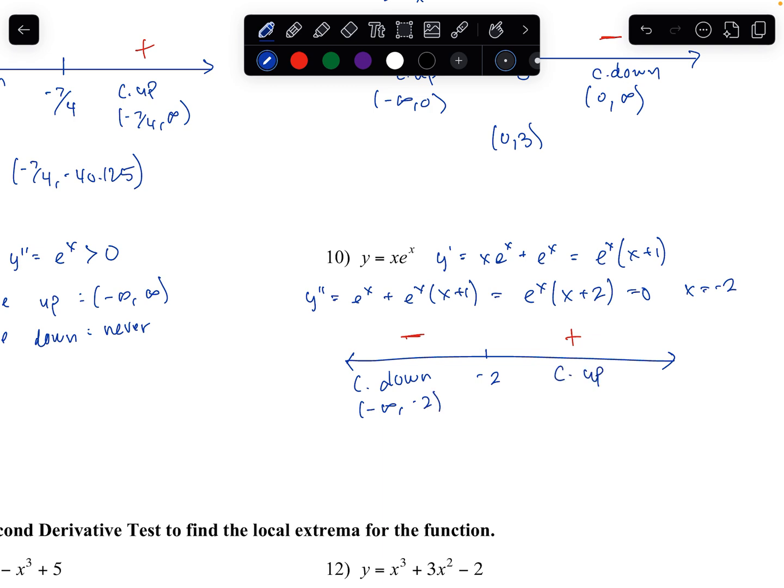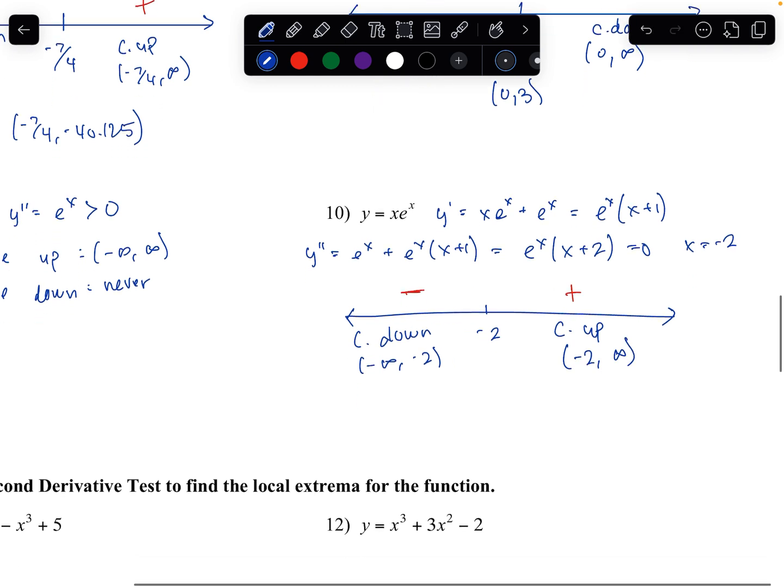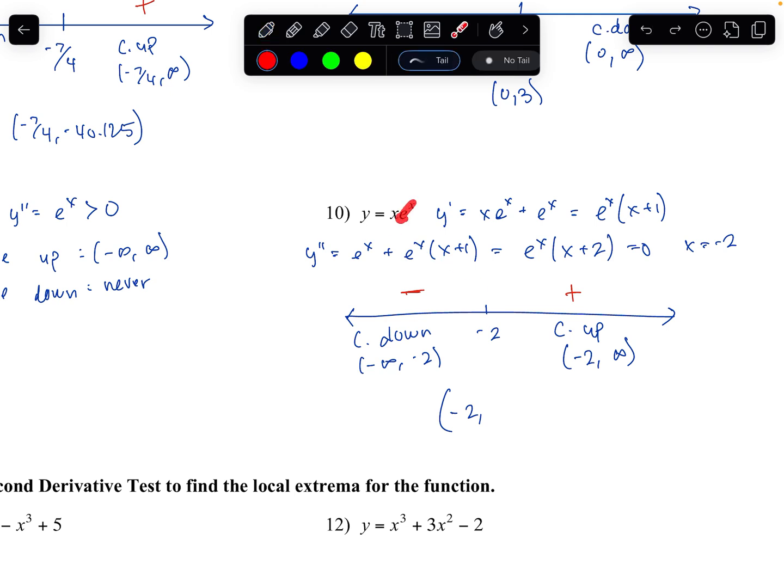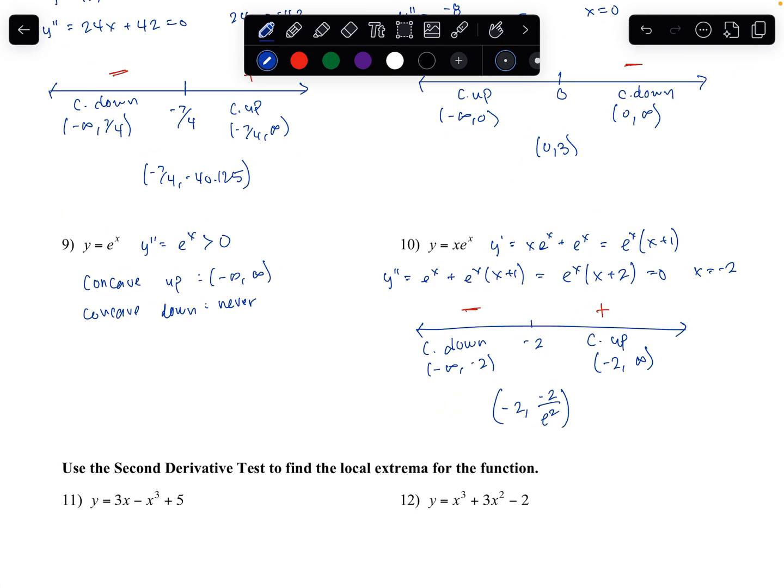Concave up is going to be from negative 2 to infinity. And then if I plug in negative 2, the inflection point, so negative 2, comma, that's going to become negative 2, and then this becomes e to the negative 2. So it's just going to be negative 2 over e squared should be the point of inflection.